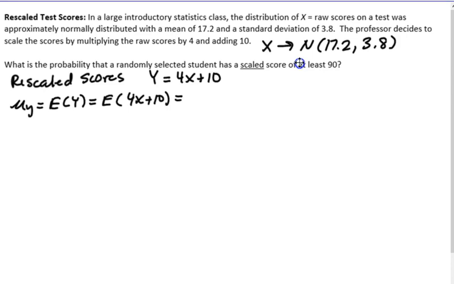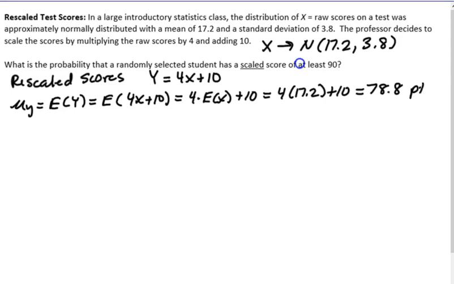Well, we learned before that measures of center are affected by both multiplication and addition. So this is just going to be 4 times the expected value of x plus 10. So it's going to be 4 times 17.2 plus 10, which gives me 78.8 points.